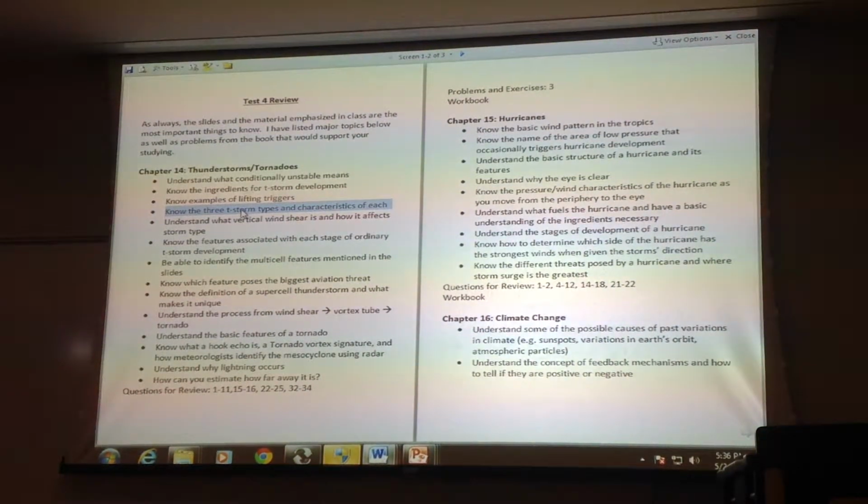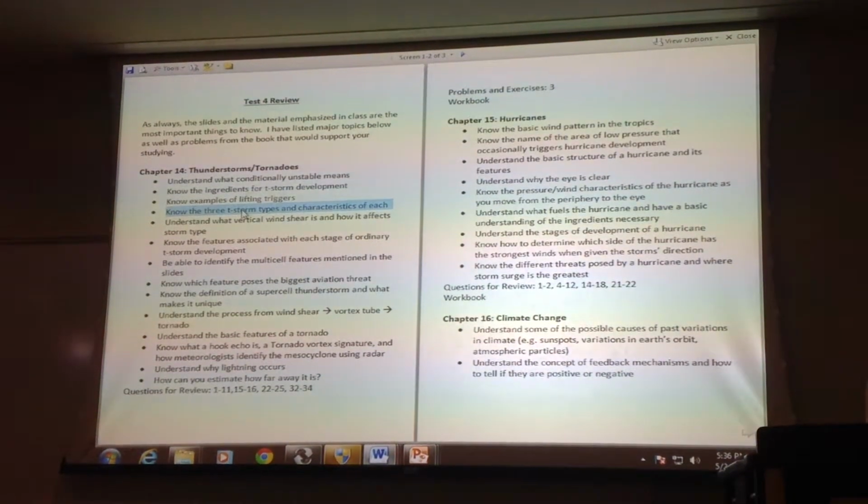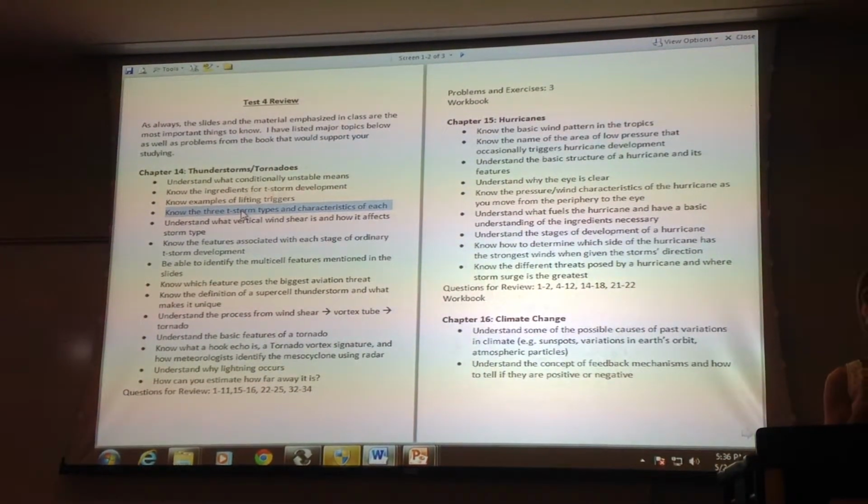Some basic characteristics. Which of those three is the shortest lived? Remember? Ordinary. And why do ordinary thunderstorms not last for hours and hours? Something about their structure. So what's feeding the thunderstorm?